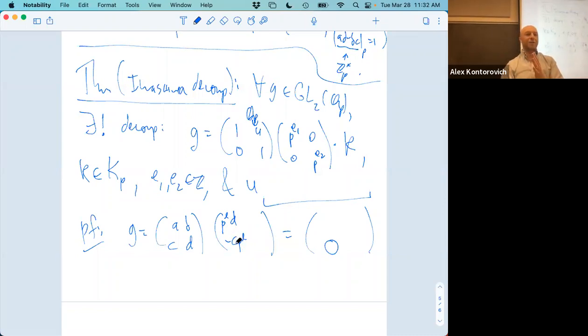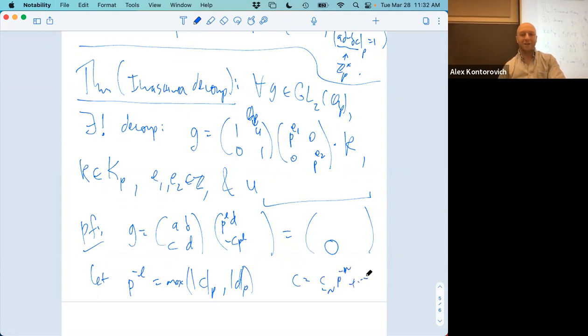In fact, I can do it in such a way that one of them, so what is this going to be? If I look at the p-adic norm of C and D, is it P to the minus L or P to the L? I take the worst of these. So C is going to be some coefficient C minus N, P to the minus N, and so on. If I multiply this by P to the N, I get something of absolute value 1.